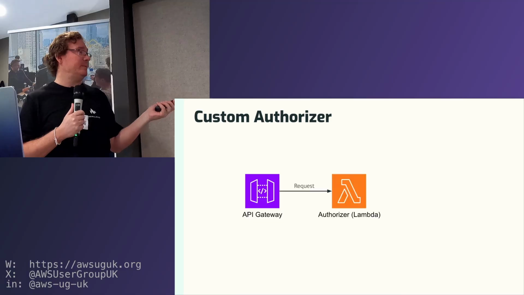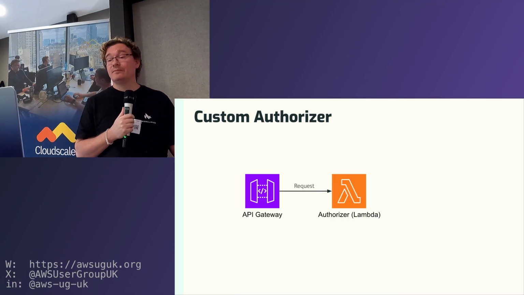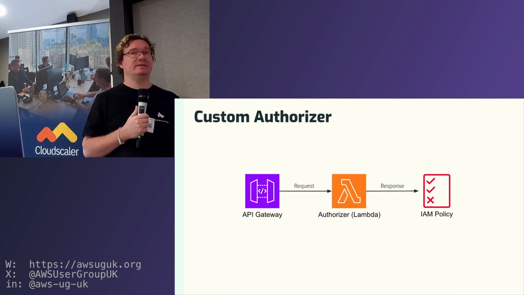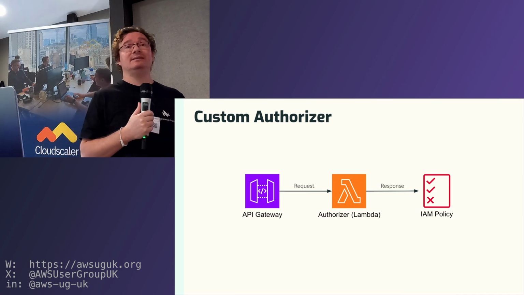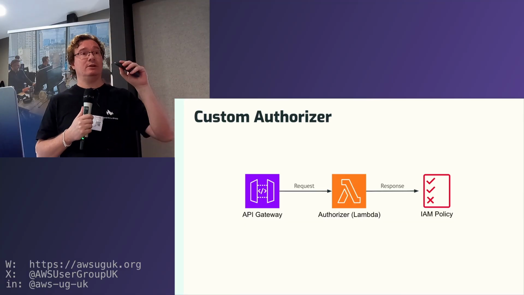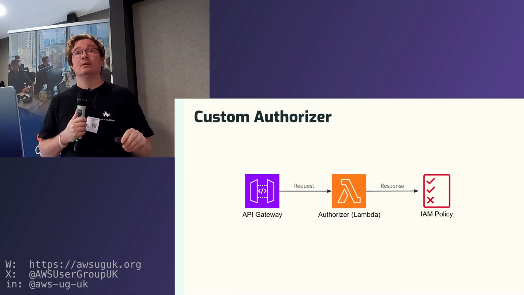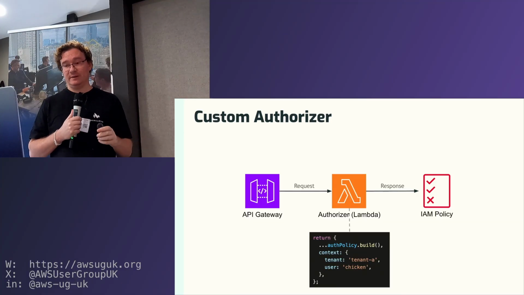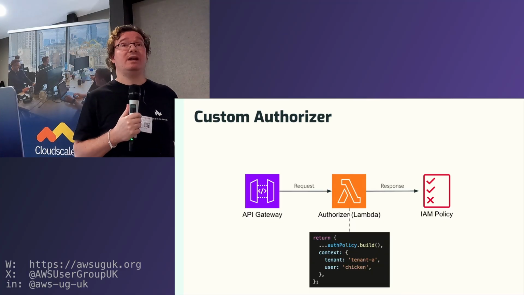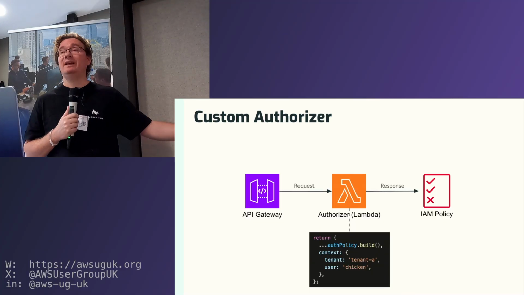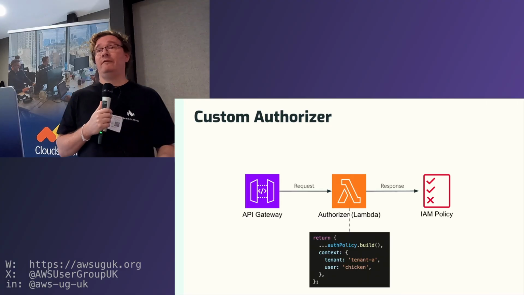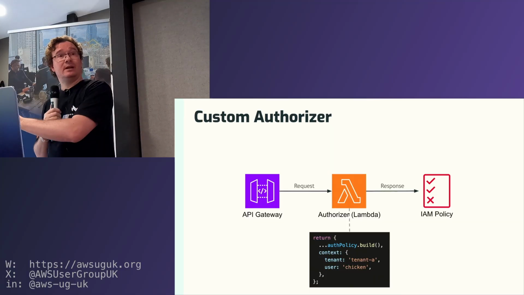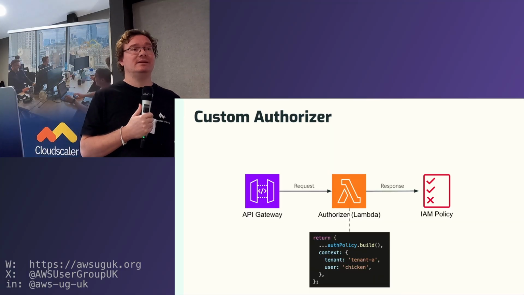So how it works: API Gateway is going to invoke that Lambda, and then that Lambda needs to return an IAM policy. This IAM policy is going to say what this particular request can do and what it cannot do. And API Gateway is going to simply obey what we define in that policy. And looking at a bit of code, we have the context as well. Think of the context as metadata that we're going to set there, and all the services downstream are going to have access to that data.